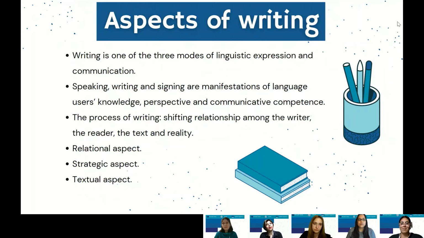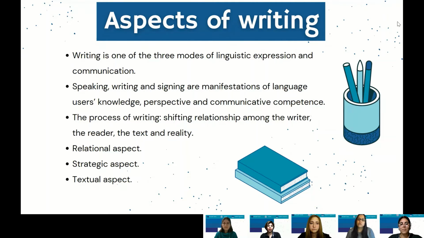Aspects of writing. Writing is one of the three modes of linguistic expression and communication, along with speaking and signing. The three of them are all manifestations of language users' knowledge, perspective, and communicative competence. Regarding the process of writing, it involves a series of highly complex cognitive activities that takes place in response to a rhetorical situation, also known as a complex web of relationships among the elements of writing.